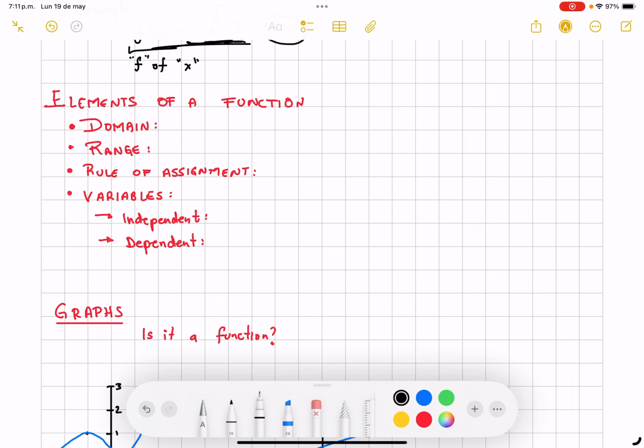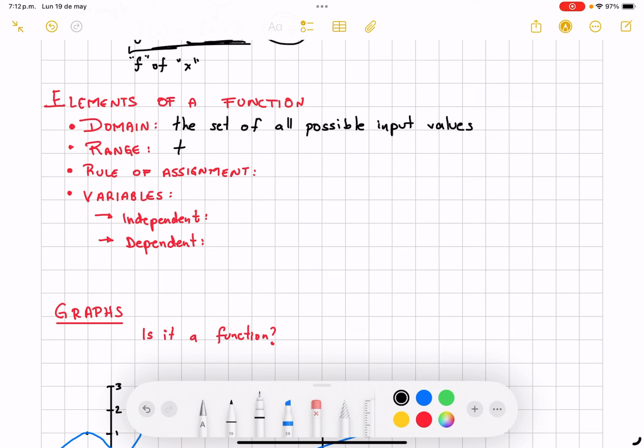What are the elements of a function? The elements of a function are, for example, the domain. How can we describe the domain? We can say that it is the set of all possible input values.